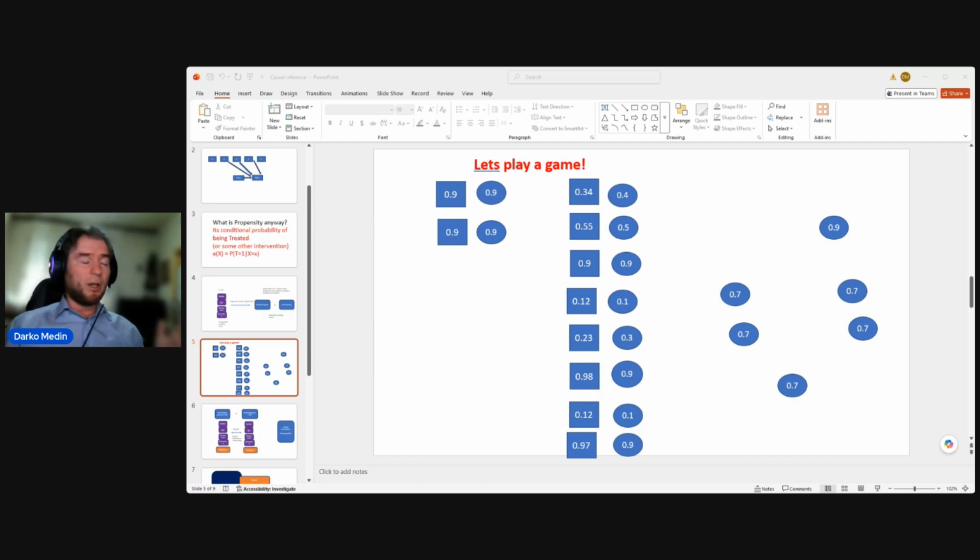Now, because sometimes we cannot have enough patients to do the matching correctly, sometimes we are forced to use matching with replacement, where one patient can be kind of copied. In this case, I was using copy and paste in PowerPoint, but one patient is used multiple times in the matching, and that comes with caveats. So there could be problems with unnatural variance.